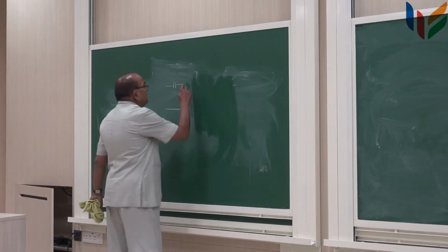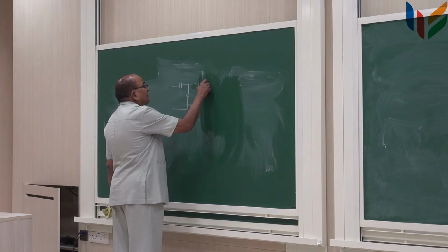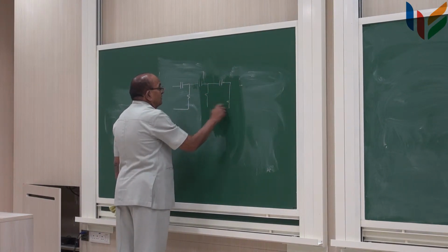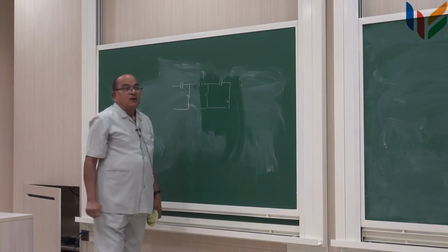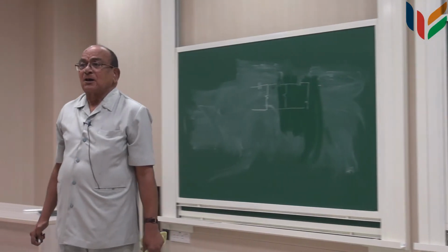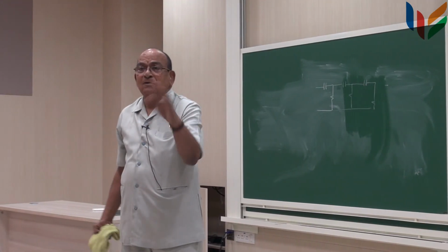And then initially they made some mistake of putting them like this, and this you can see does not give you the correct result because of the loading of one on the other.